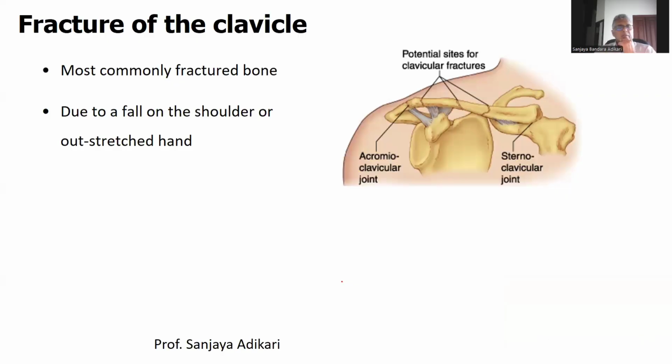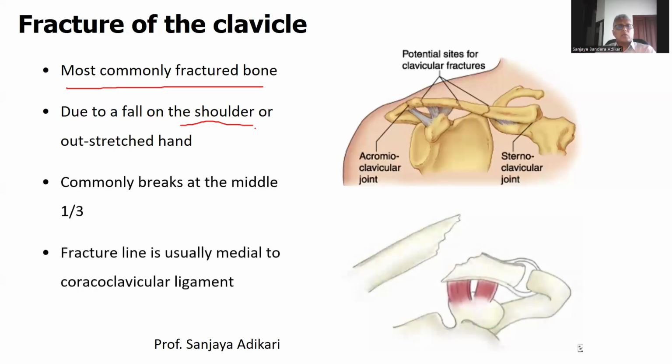A few things about the fractures of the clavicle. It is the most commonly fractured bone in the body, either due to fall on the outstretched hand or fall on the shoulder itself. It commonly breaks at the middle third. If you divide it into three parts, the middle third is the most vulnerable for fractures.